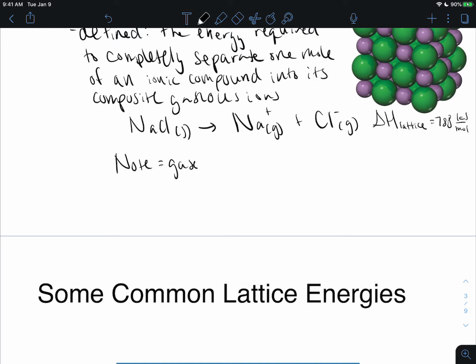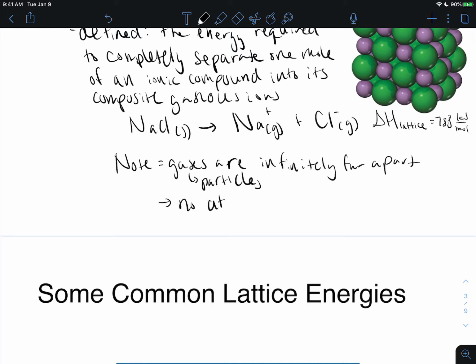So gases are infinitely far apart, the gas particles themselves. And that means we have no attractive and repulsive forces between them.